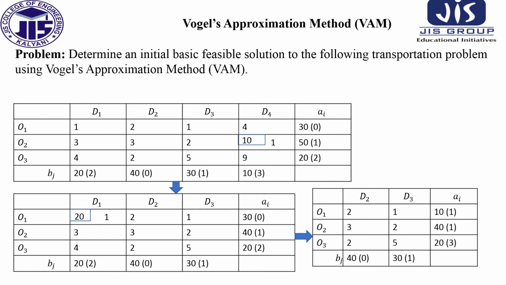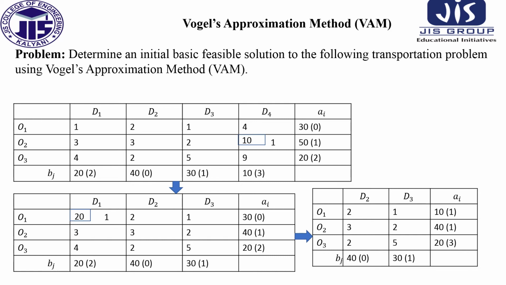Again the same rule we follow for each row and each column. So we select the minimum cost and the next minimum cost, and subtract the minimum cost from the next minimum cost for each row and each column. We apply this procedure and put it inside the bracket beside the supply value or demand value.